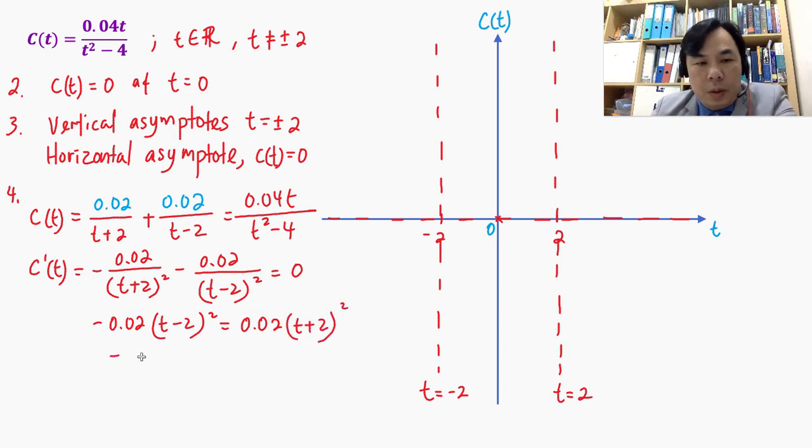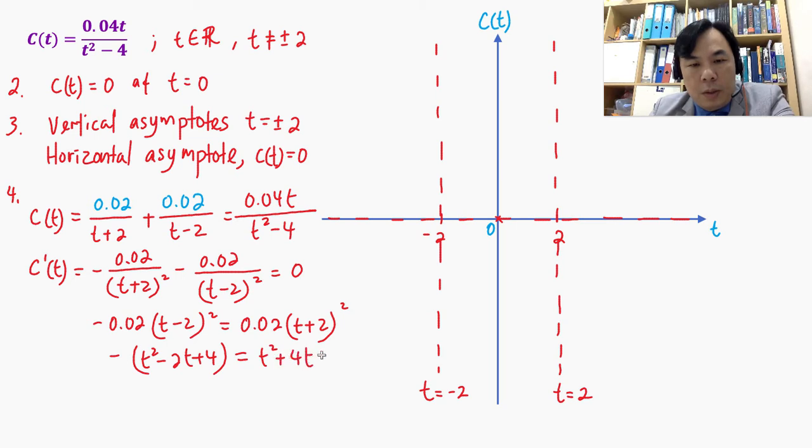So from here we have t squared minus 4t plus 4 equals t squared plus 4t plus 4. All right, that's what we have.